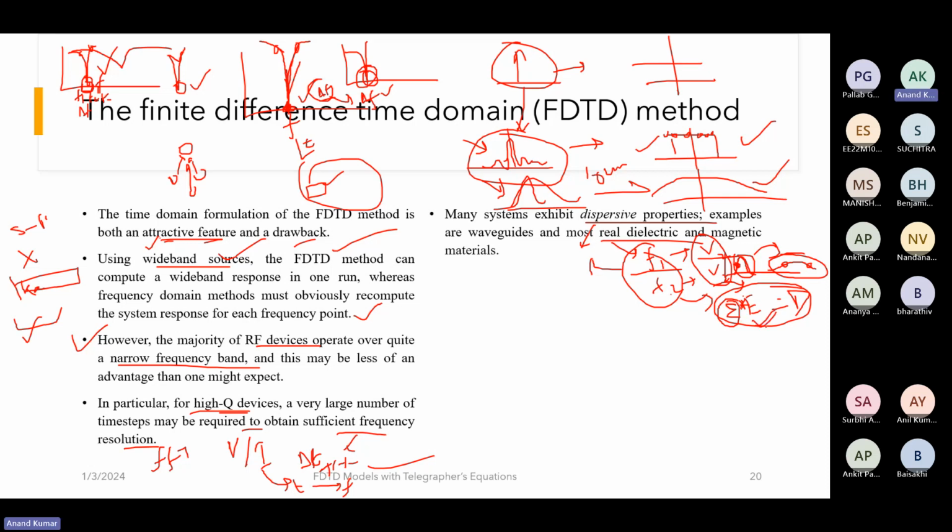In this particular course we won't be seeing dispersive media, but at the end of this course you will be able to follow how to solve this, so you don't have to worry about it. If you want to study more on this, the textbook by DM Sullivan has example codes on how to solve dispersive media.